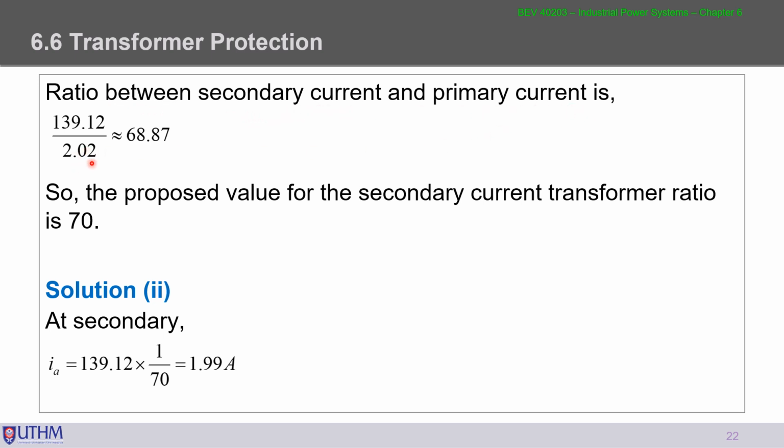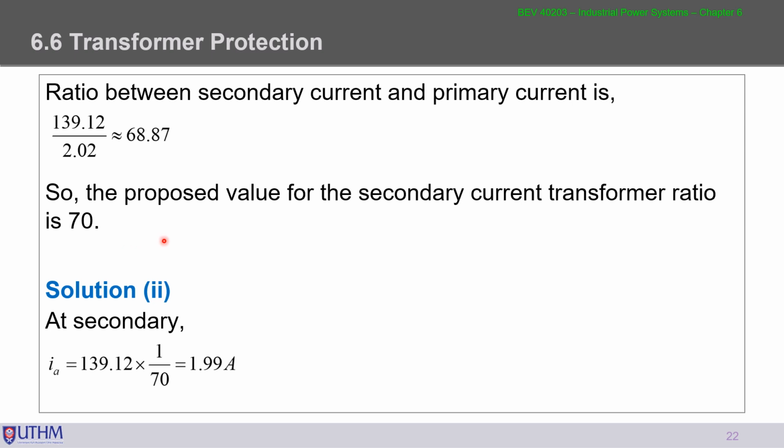This one is the secondary value, and this one is the primary value at the winding, which the ratio is 68.87. So the proposed value for the secondary current transformer ratio is 70. So we have to choose the nearest one.